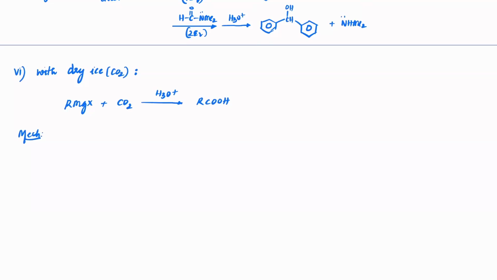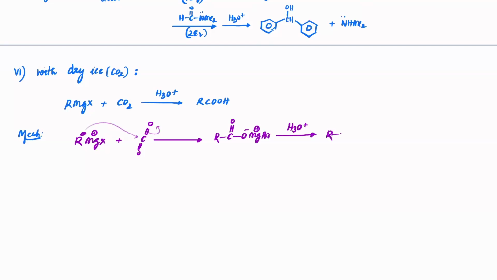Here we have R minus and MgBr plus reacting with O double bond C double bond O. So this minus would attack on this carbon, just like a nucleophilic addition. So this is the same nucleophilic addition, RC double bond O and O minus MgBr plus. Furthermore, no more moles of RMgX will attack. So then on hydrolysis, it will convert into an acid. So simple. So wherever you have an acid group, you will convert this into the same thing.